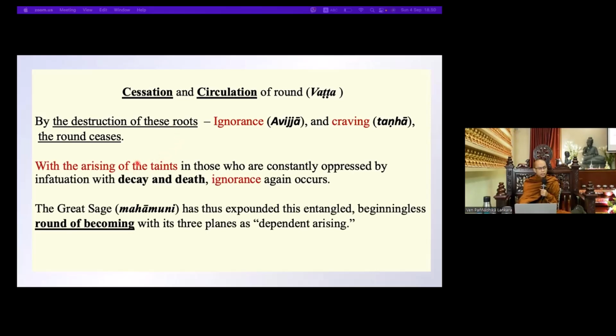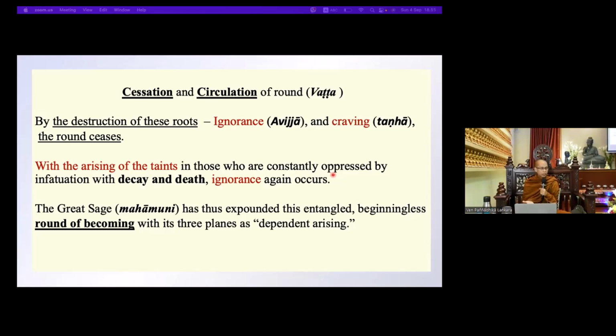With the arising of taints, here the taint is asava, in the person who is constantly oppressed by the impression of decay and death.